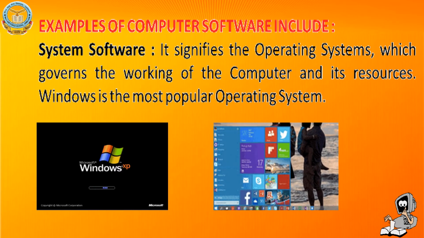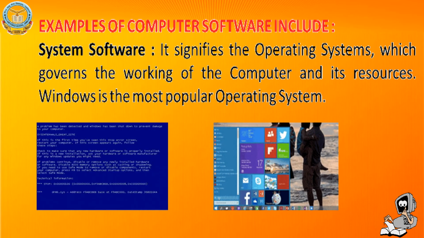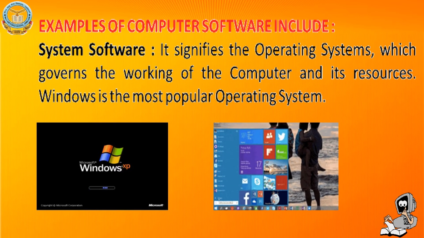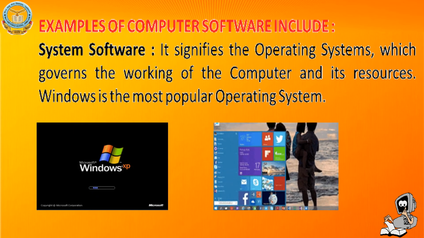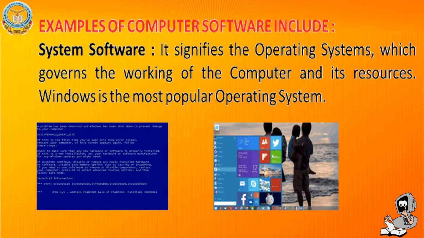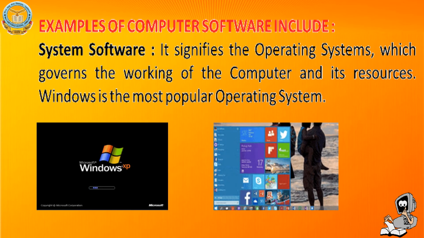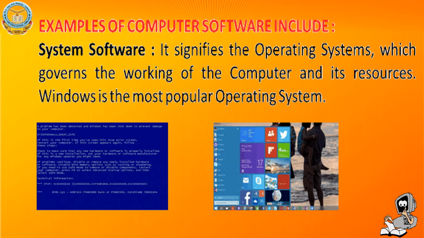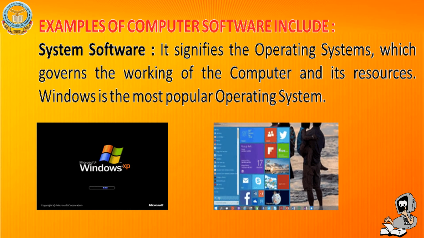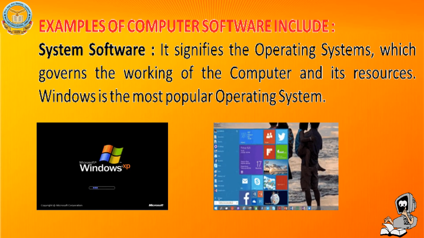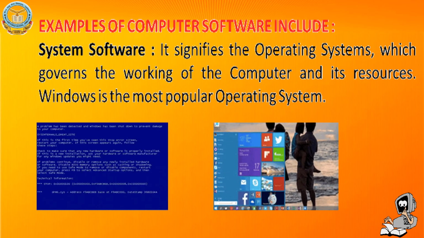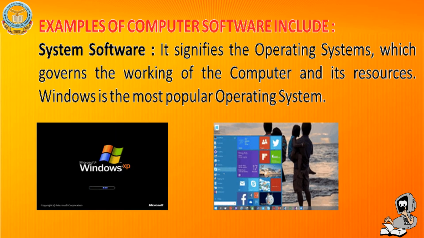It acts as an interface between the device and the end user. It signifies the operating systems which govern the working of the computer and its resources. Windows is the most popular operating system. And other examples are Unix and Linux. These are also examples of system software.